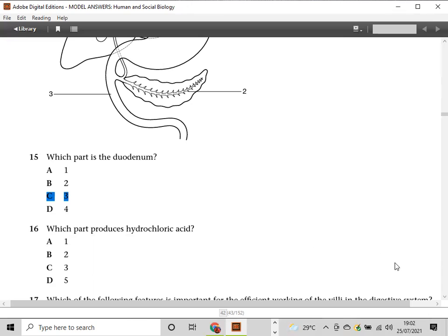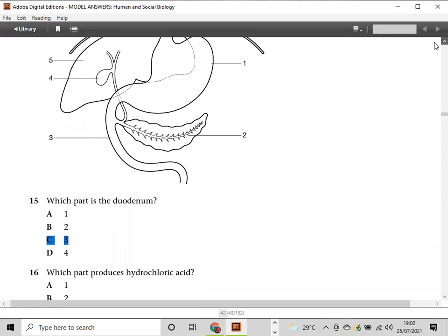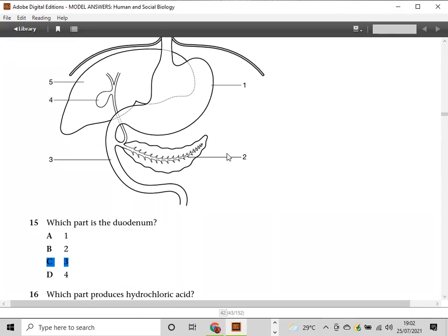Let's move on to 16. Which part produces hydrochloric acid? And that would be A, stomach. So this is 1.